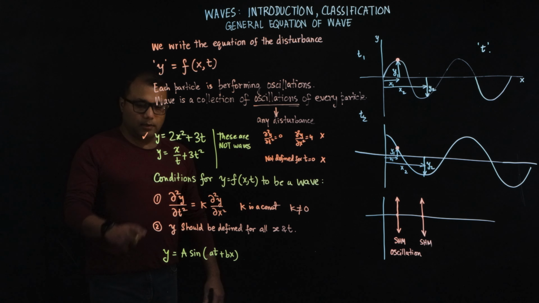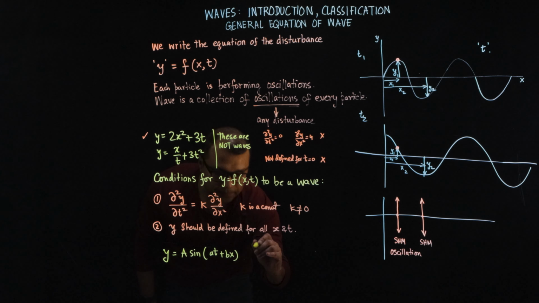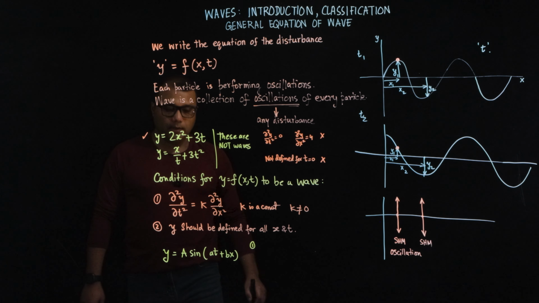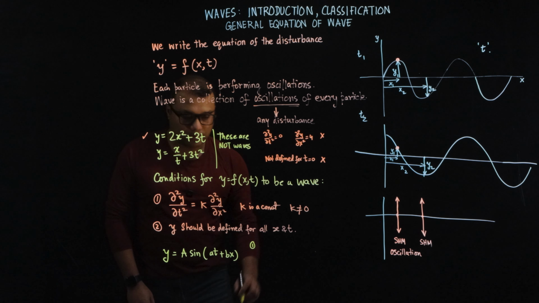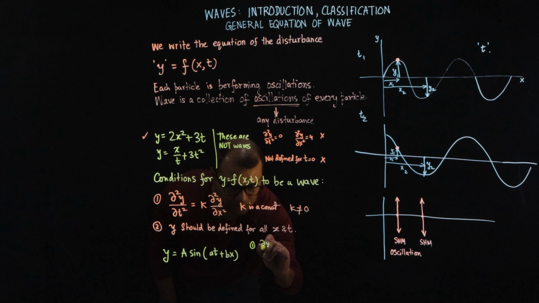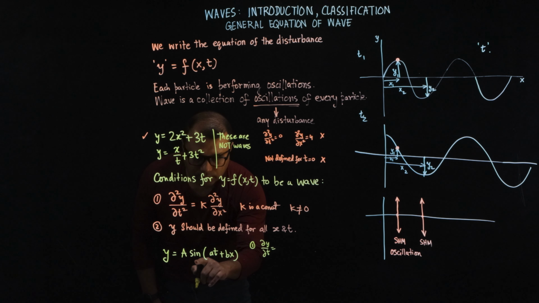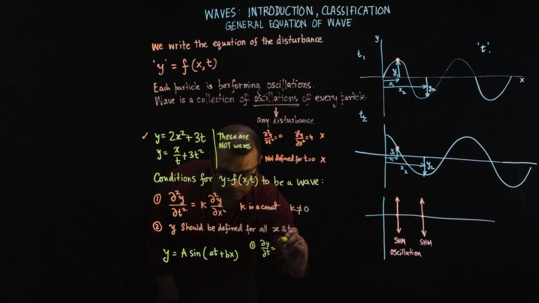Okay, let's compute number 1 for this equation. Del y del t will be, so sine becomes cos of at plus bx, and this will become a times a.